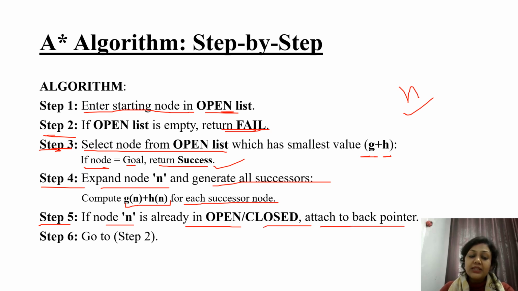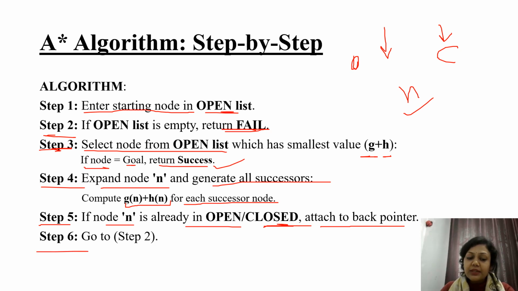In this algorithm we have two lists, one is open and the other one is closed. If node N is already in the open list, then we have to attach to the back pointer.